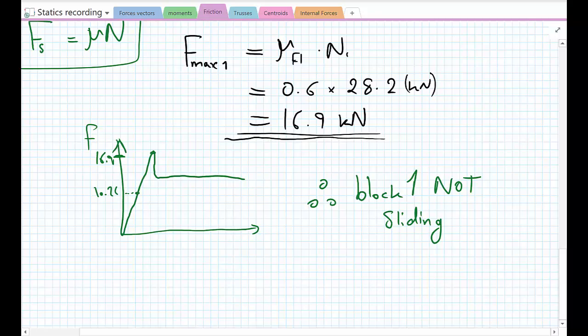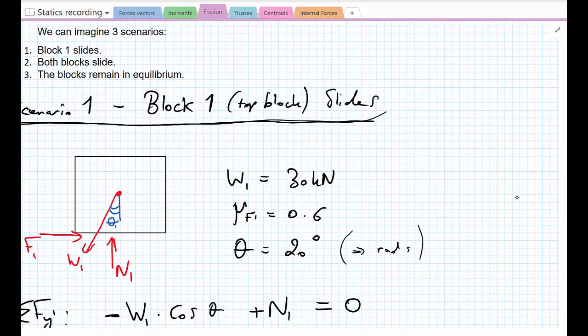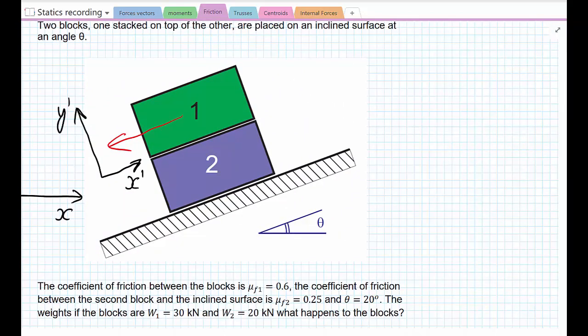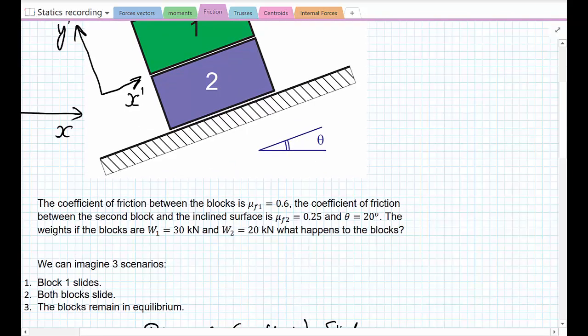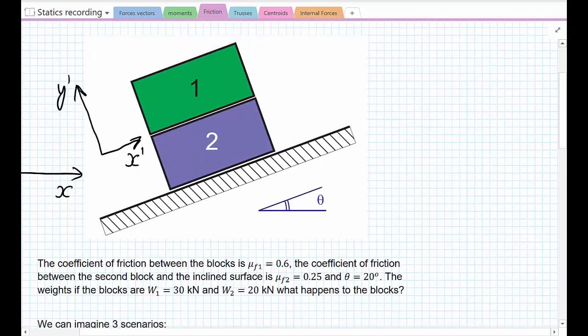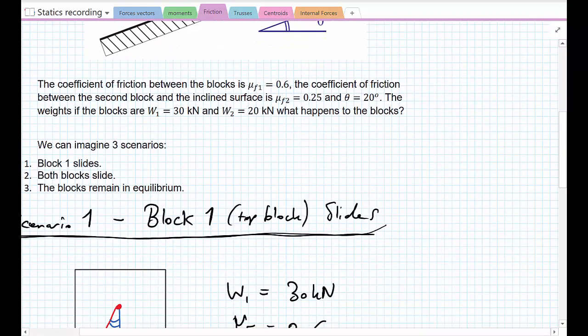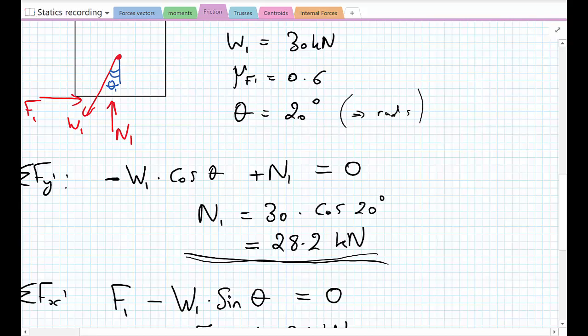So when we looked at the problem, let's scroll back up right to the original problem. So we have block 1, block 2, take this away now. We also said it's completely possible, so this is scenario number 2, that both of these blocks will slide down the incline together. So we need to analyze this and draw free body diagrams.